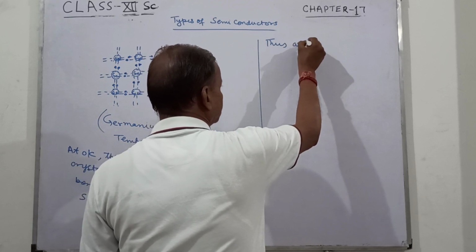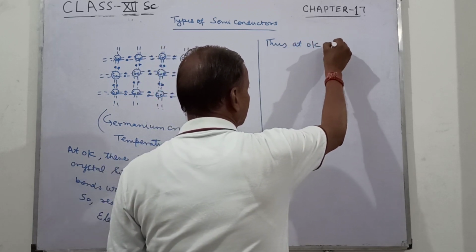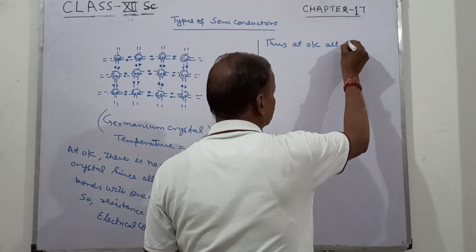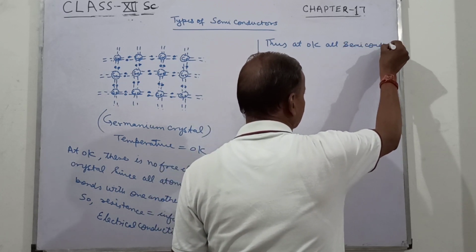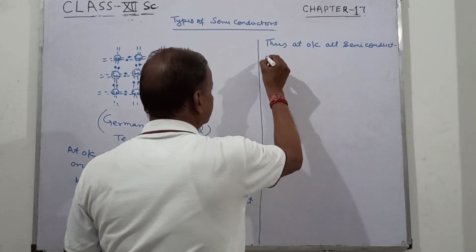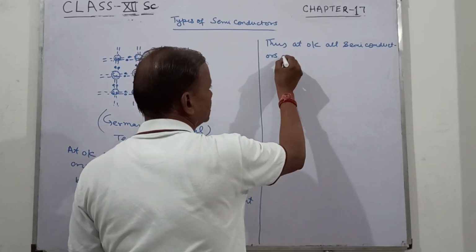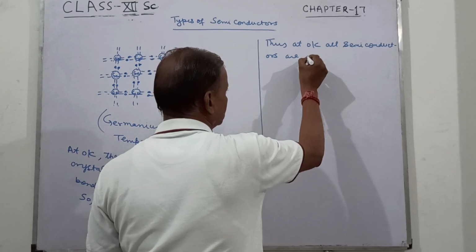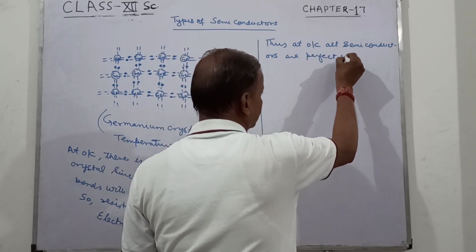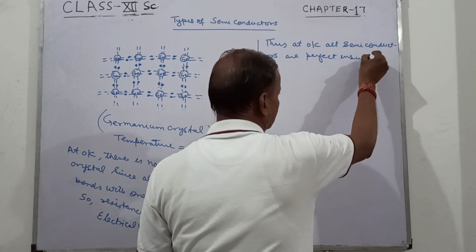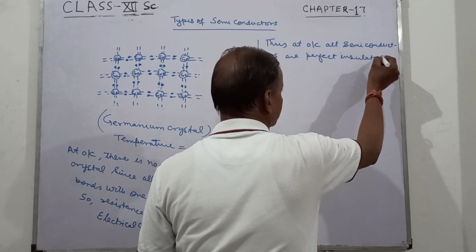Thus at 0K all semiconductors are perfect insulators.